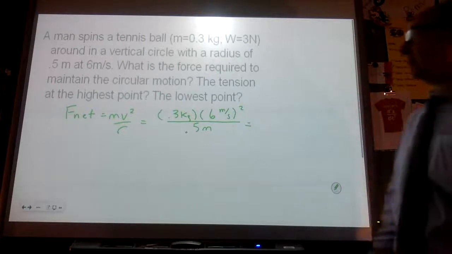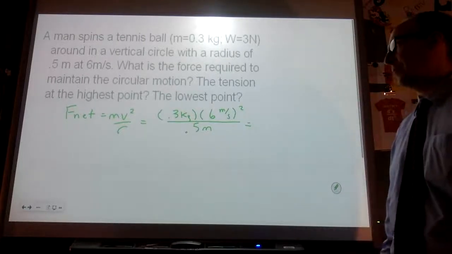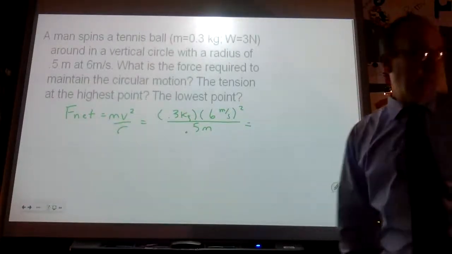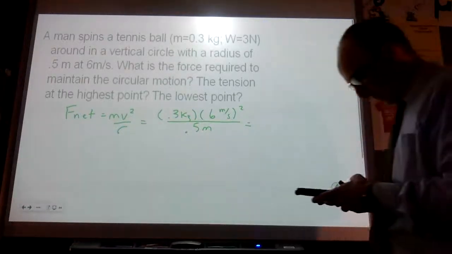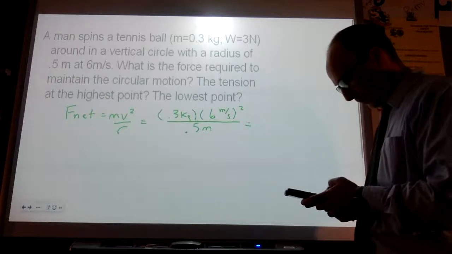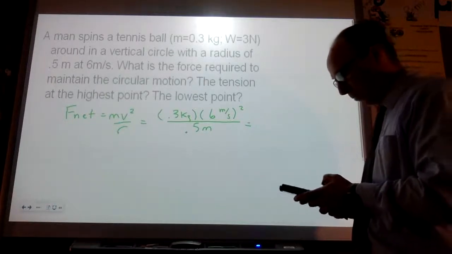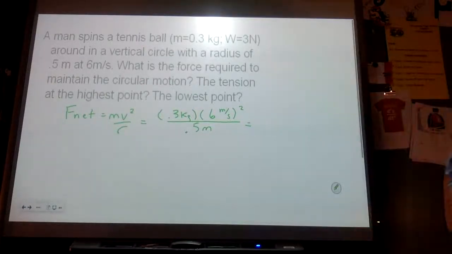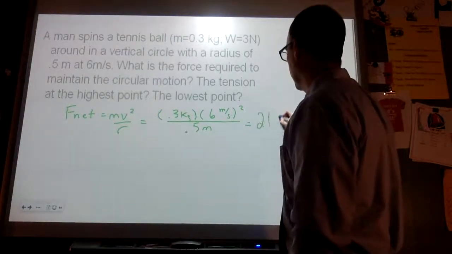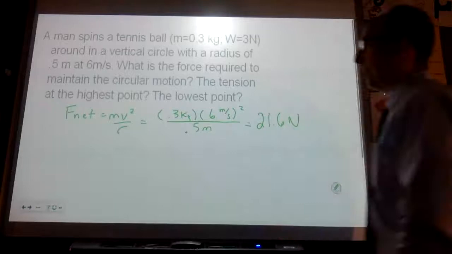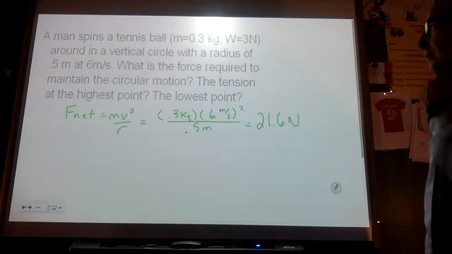So the force required to maintain the circular motion is going to be 21.6. So when I add those forces together, that's what they're going to end up being.